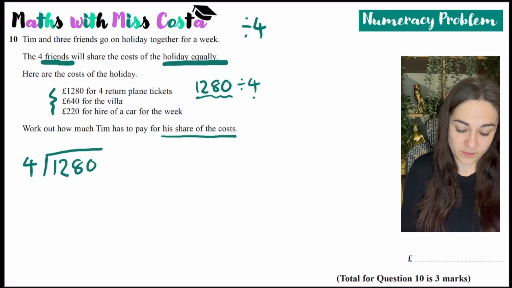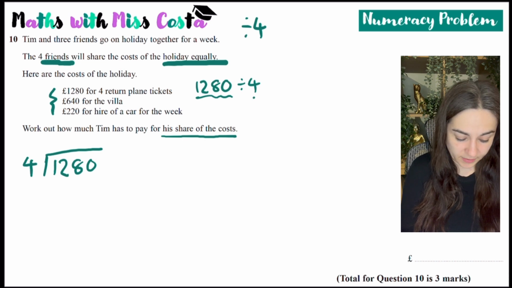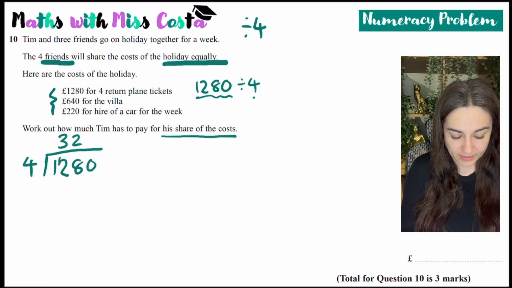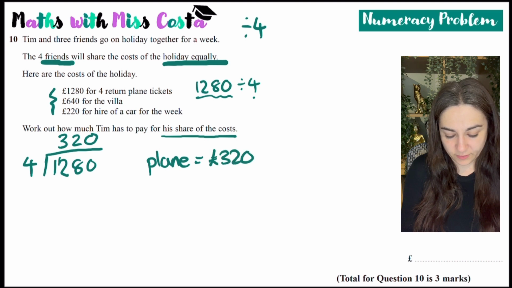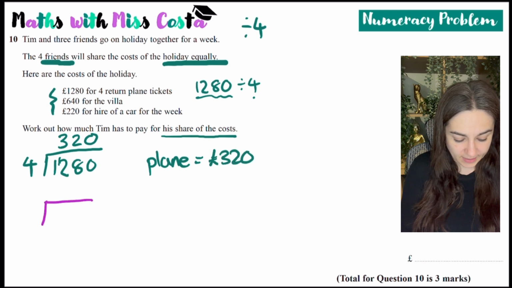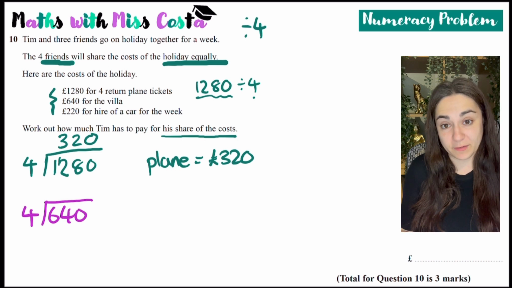I want to know how many lots of 4 fit into 1,280. 4s into 1 goes none, 4s into 12 go 3 times, 4s into 8 go twice, and 4s into 0 go 0. So his share of the plane tickets is £320.